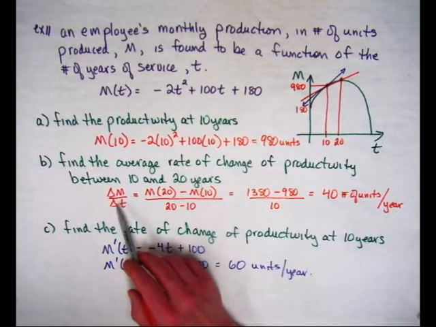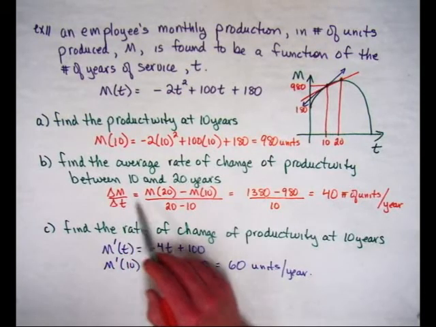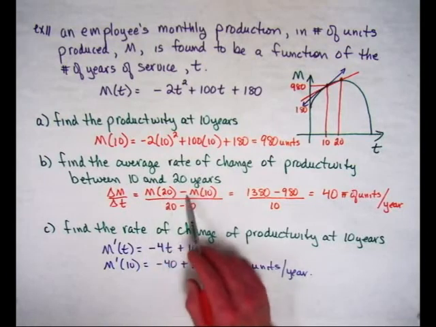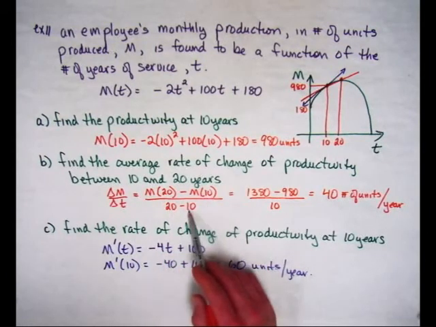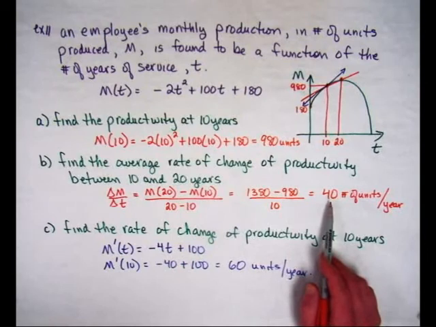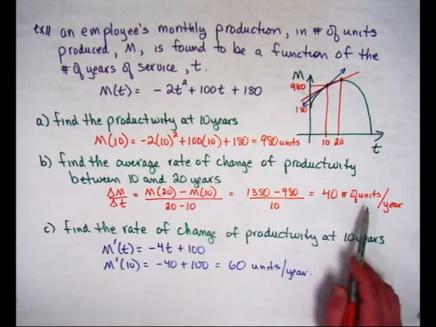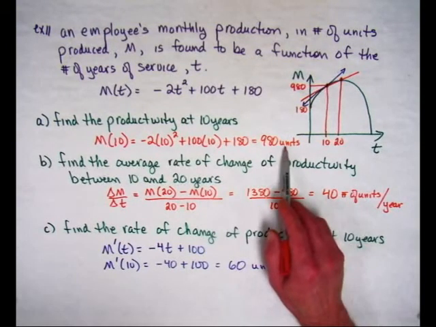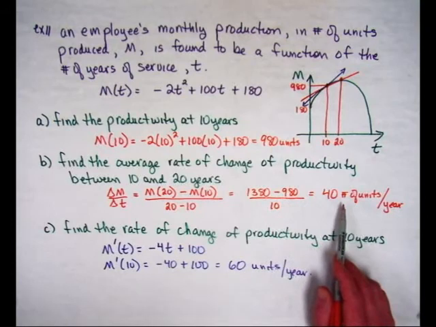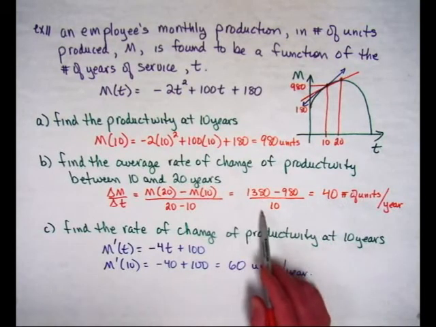It would just be delta M over delta T, which would just be M at 20 take away M at 10 over 20 minus 10, which works out to be 40. But notice the units here. In the first question, the units were just how many objects were being produced. In this case, we called them units. This is a rate of change. This is the number of units per time.